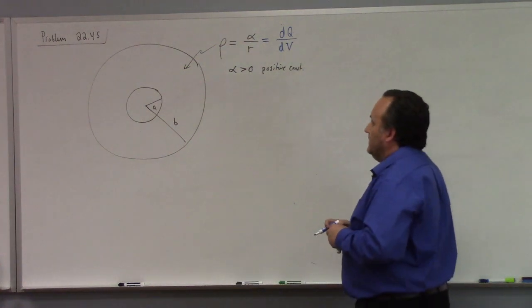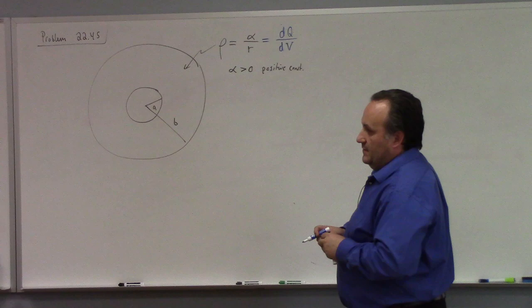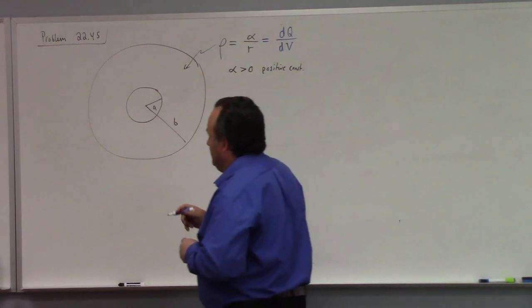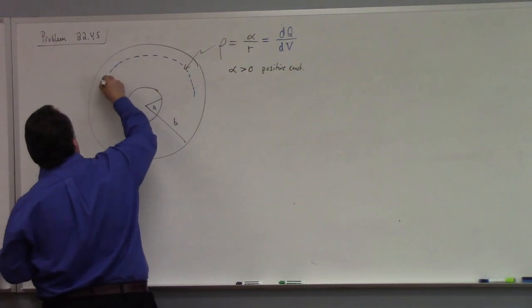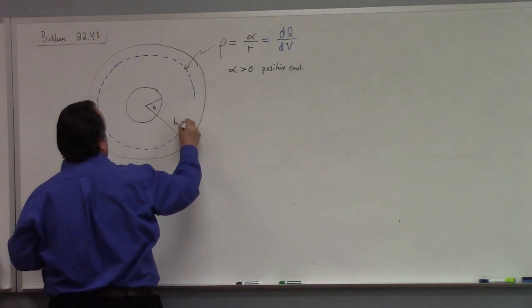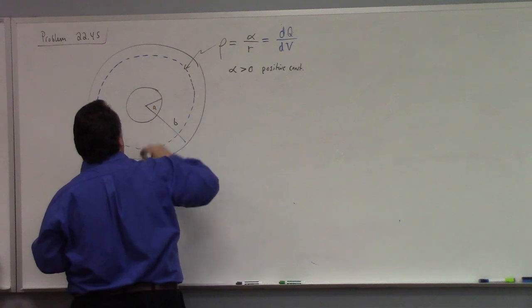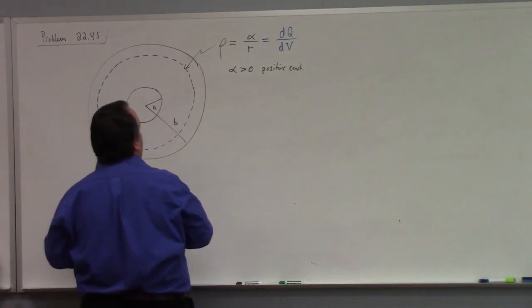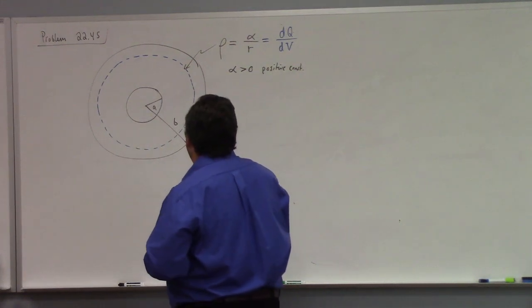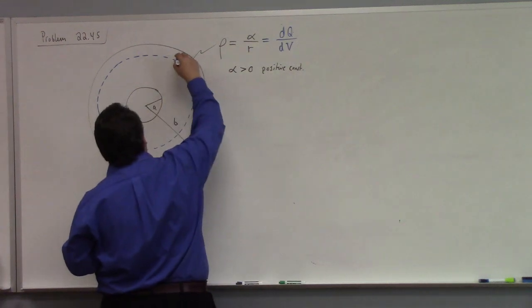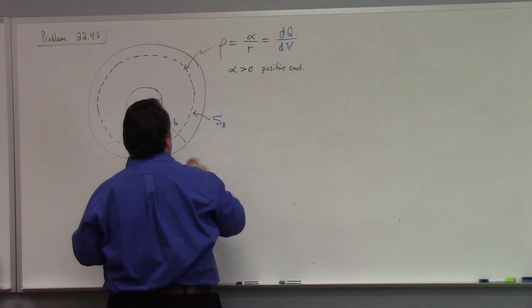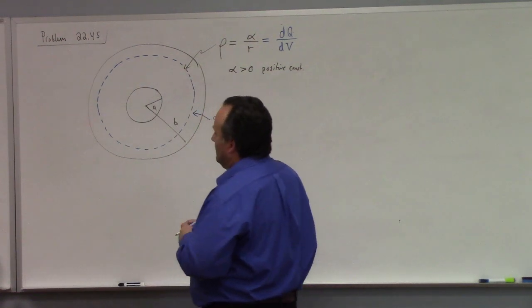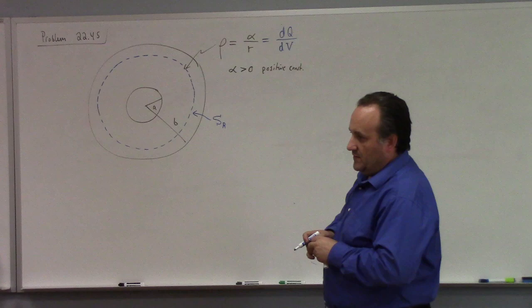In order to figure out, if I think about my Gaussian sphere somewhere in here, what's the big problem? Let me call this Gaussian sphere radius r. So the question is, what's the charge enclosed there?